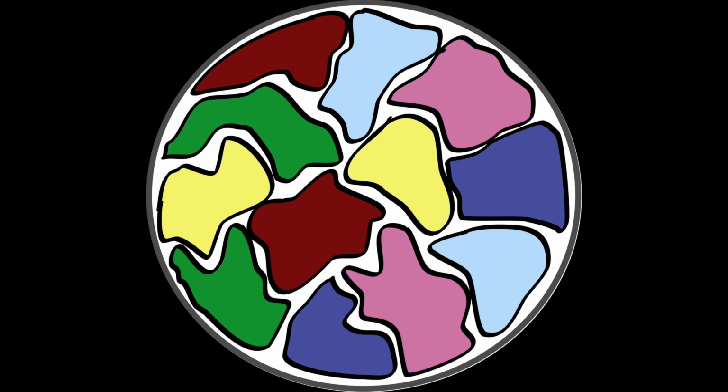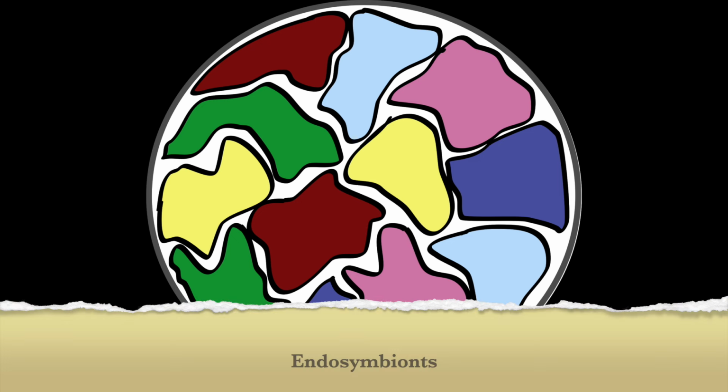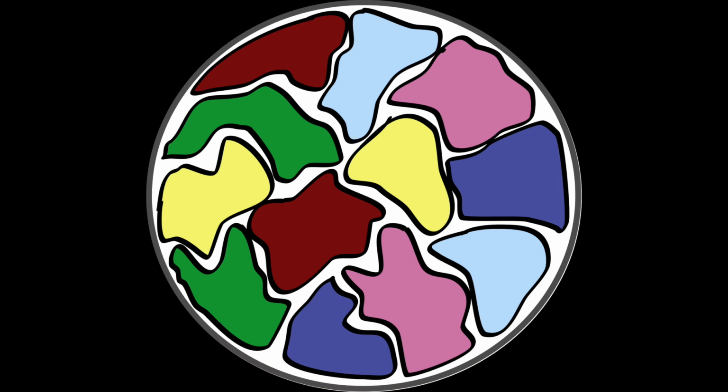And if that were the case, these would be called endo, which means within, symbionts, which means very similar to something like a mitochondria or a chloroplast. They are doing something within that nucleus that is unique to their functions that helps the cell, our kind of cells, to develop and become all different kinds of cells.